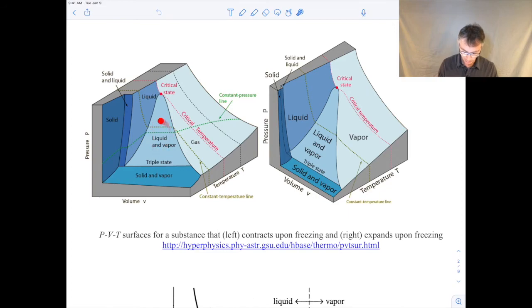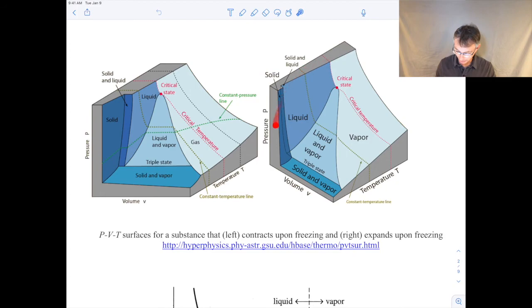We're going to focus on that one in particular in our future studies. That's what we call the vapor dome. It's a vapor dome because it looks like a dome shape. In that vapor dome, you'll see that the pressure and temperature are connected to one another. We'll talk about that a little bit later. There's also another line in here called the triple state line. On that line, you actually have all three phases of matter, liquid, solid, and vapor, all existing in equilibrium with one another.